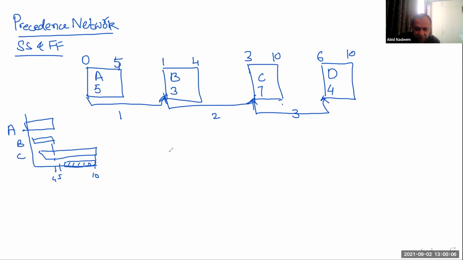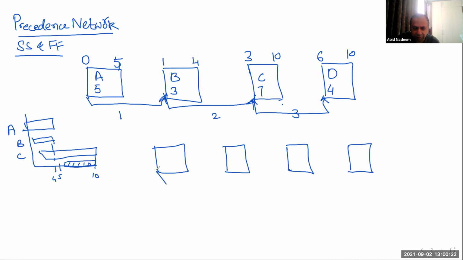So in addition, if we have these activities and we have the finish to finish relationships as well, for example, if I use the same data, start to start, and now in addition, I have the finish to finish constraints as well.